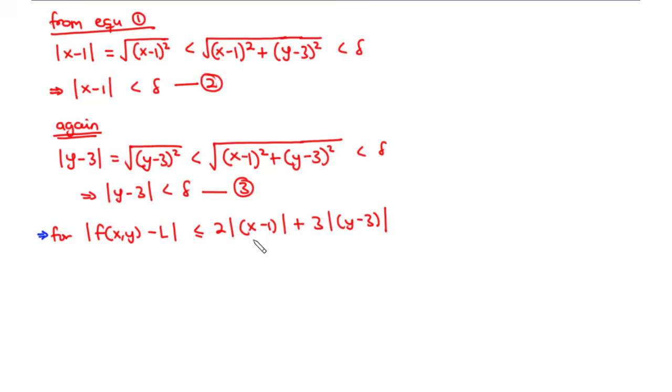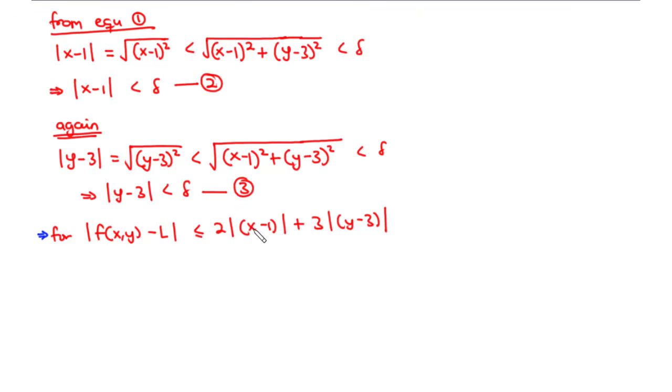Here we have the absolute value of x - 1. Here we have the absolute value of x - 1. Now we are saying that the absolute value of x - 1 is less than delta. Now here we have 2 times the absolute value of x - 1. So if you multiply this by 2, then it is still less than 2 delta.